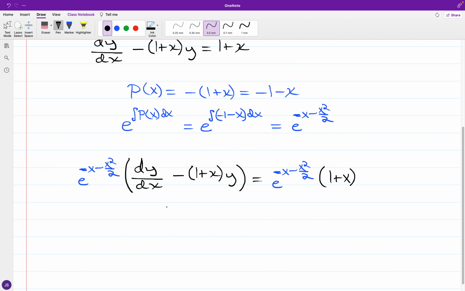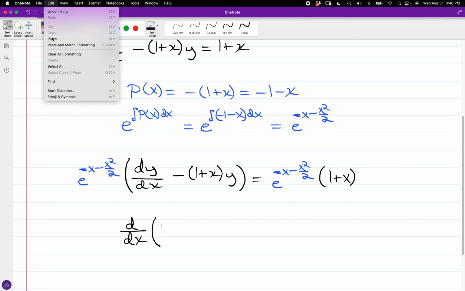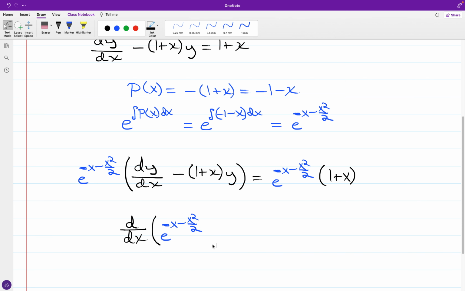Now for the left-hand side, you don't have to worry about distributing, but just keep in mind that the term with the derivative, once you multiply by the integrating factor, will ultimately be the product rule expansion of the integrating factor, e to the negative x minus x squared over 2, times the dependent variable y.